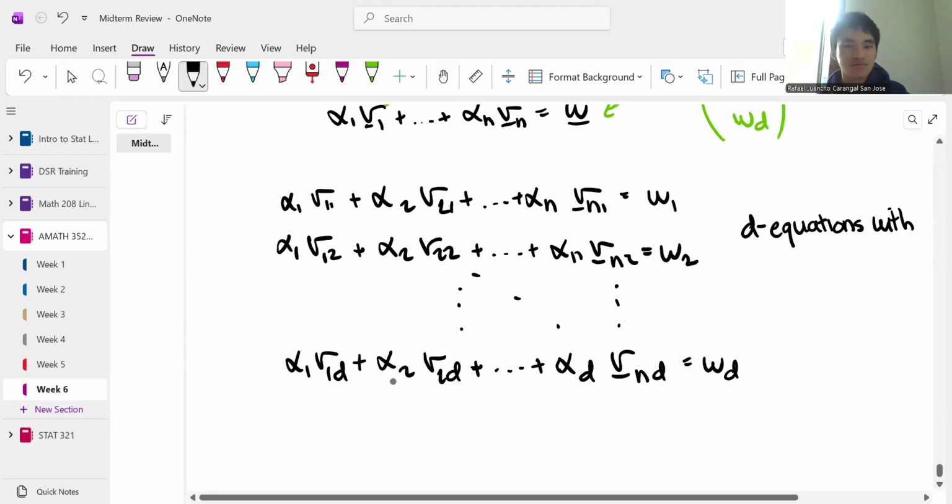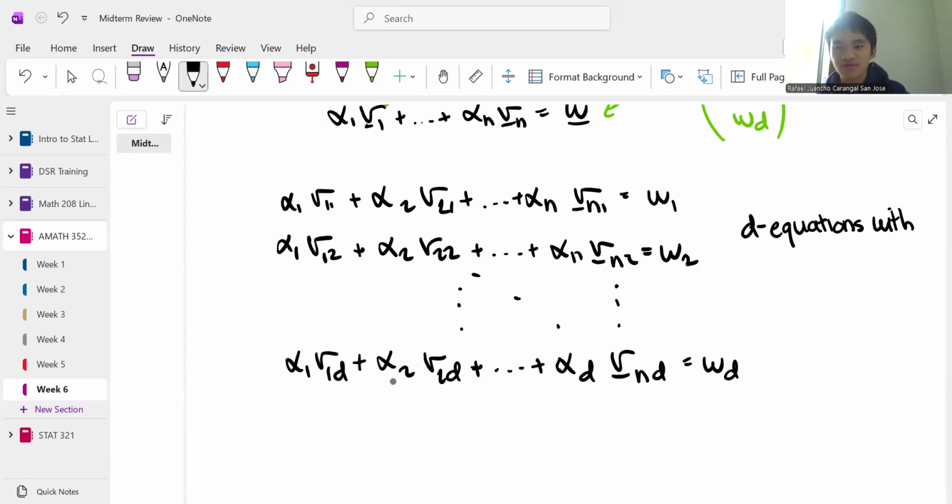How many unknowns per equation? n unknowns, right? How many scalars do we have per equation? n scalars, not n equations.